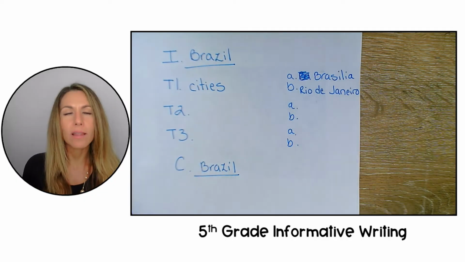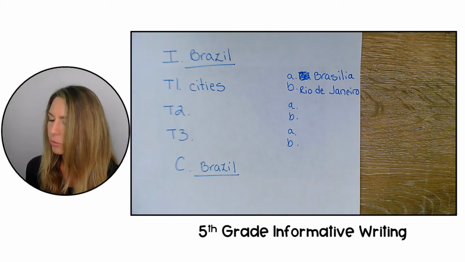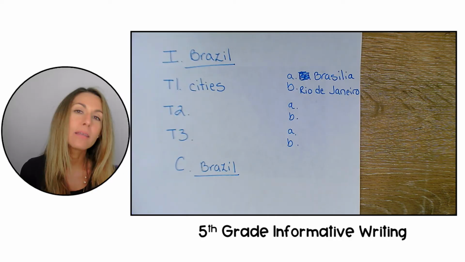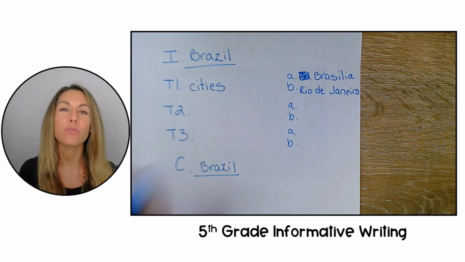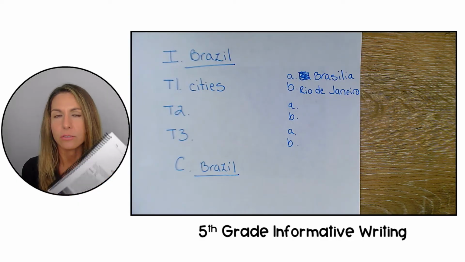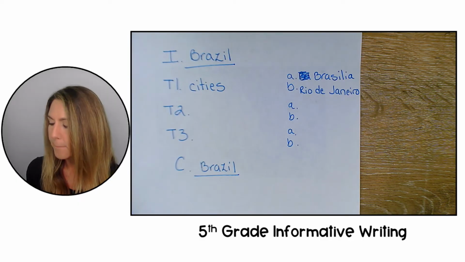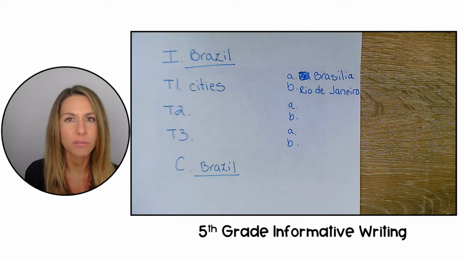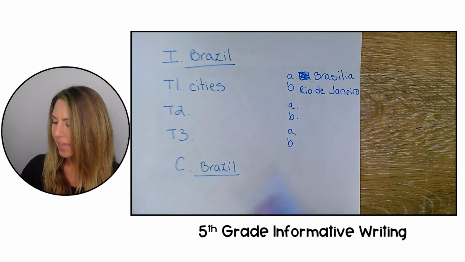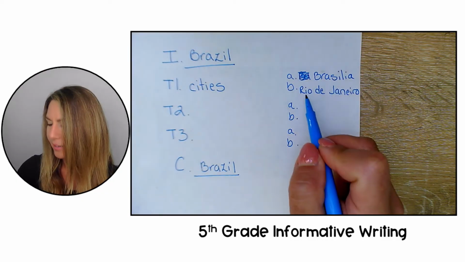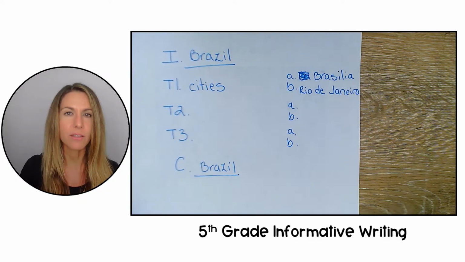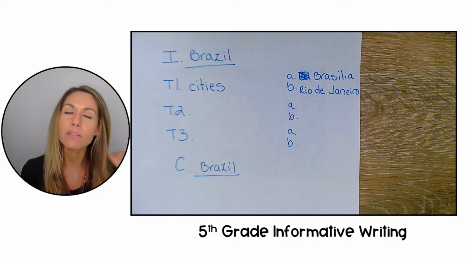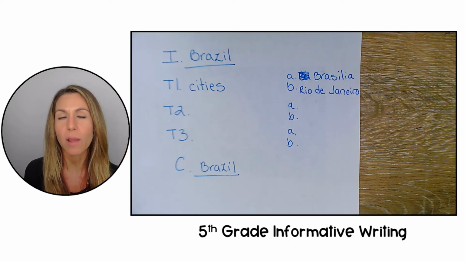Now, boys and girls, while I was writing those names, did you see me looking back and forth? I was looking back and forth between my plan and the articles. The reason I was doing that is because these words are new to me. I don't know how to spell Brasilia and Rio de Janeiro. And Rio de Janeiro was really complicated because it had a capital, a lowercase, and then another capital. I had to constantly look back so that I spelled those words properly.